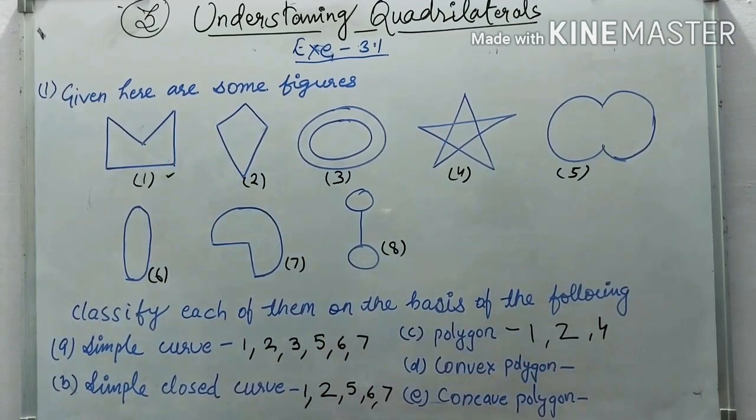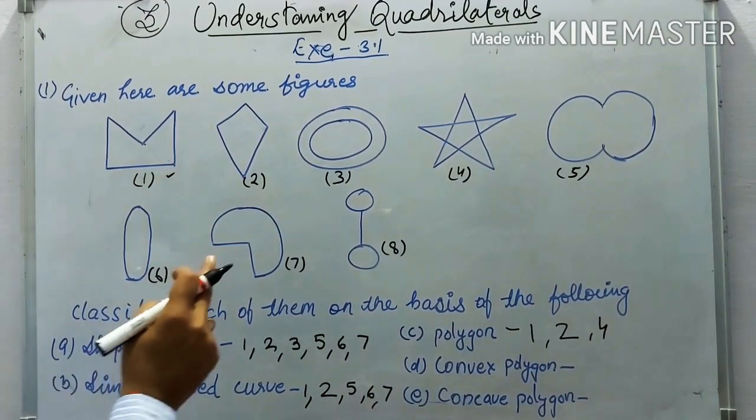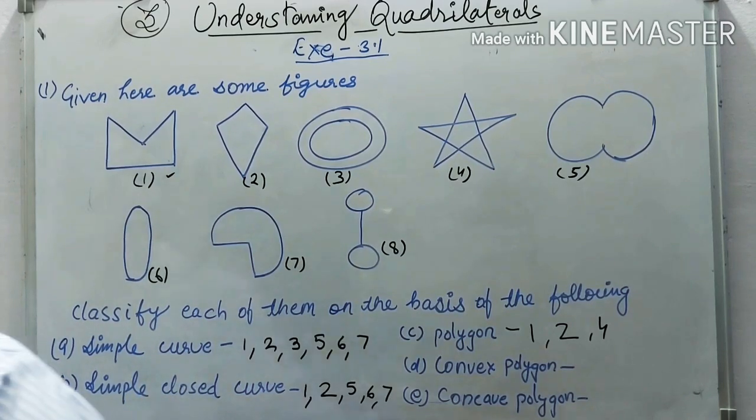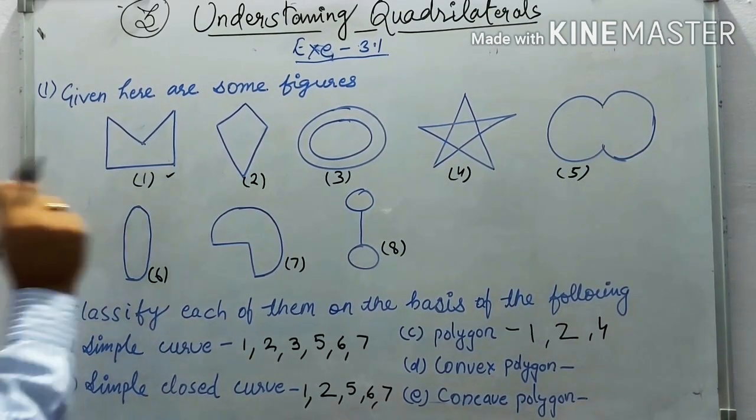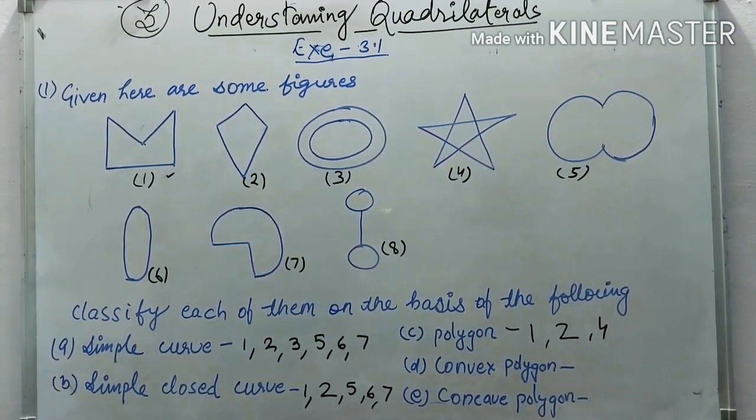And convex and concave. In a convex polygon each interior angle is less than 180.